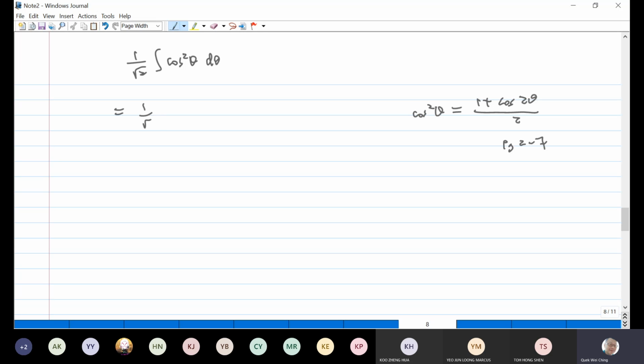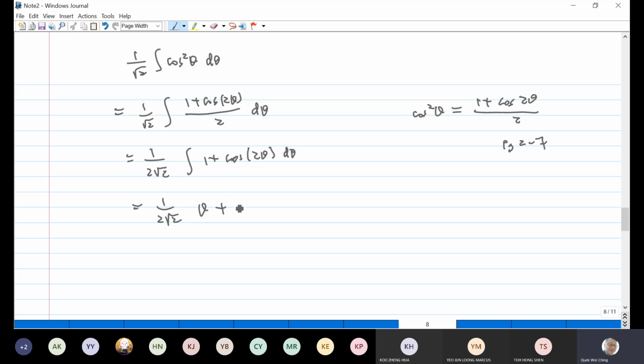So this is 1 over square root 2 now, times 1 plus cosine 2 theta divided by 2. Okay, take out 2 again. So 1 over 2 square root 2, integrate 1 plus cosine 2 theta. Then integrate term by term: 1 over 2 square root 2 theta, plus integrate cosine 2 theta, you get sine 2 theta divided by 2. And a lot of time people forgot to divide by 2.